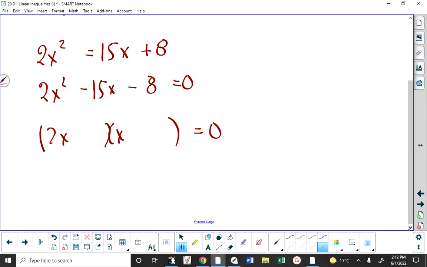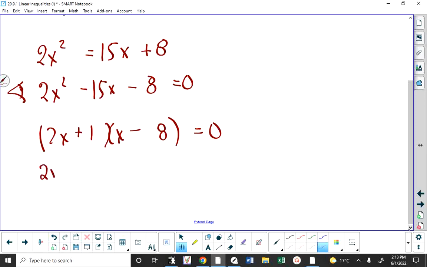But 4 and 2 will be a waste of time, because if I have 4 and 2, I'm going to be forced to put an even number here, and then I would have a common factor of 2. When I look up here, this is my eyeball, there is no common factor of 2. That means it must be 1 and 8, strangely enough. And that means the 8 has to go here, because I can't put the 8 with the 2, otherwise there'd be a common factor. So apparently this is going to work, and it does.